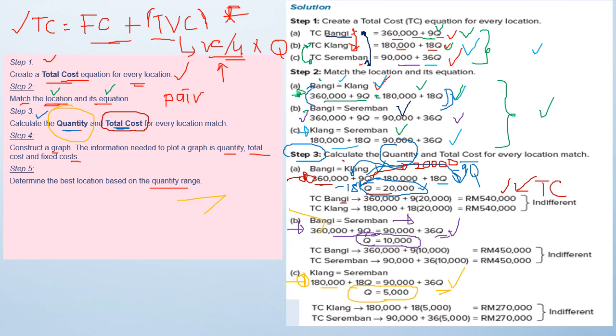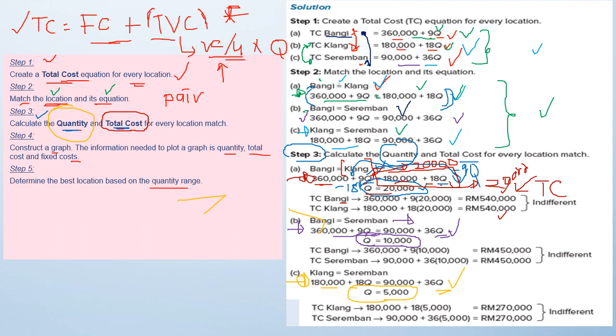Same goes to Kelang. This is the equation for Kelang: 180,000 plus 18Q. So you replace this Q with 20,000. So 180,000 plus 18 times 20,000, you will also get 540,000.